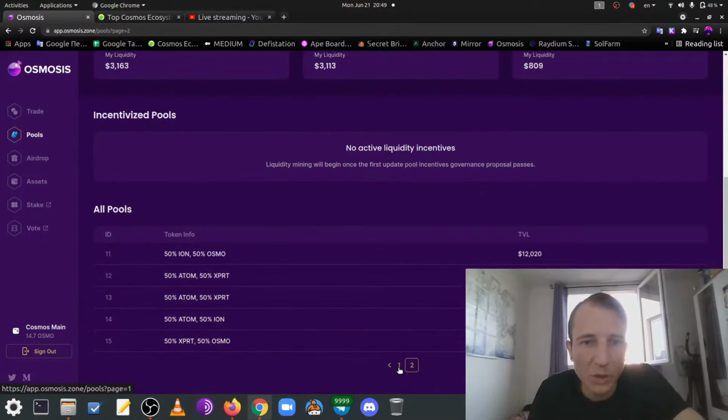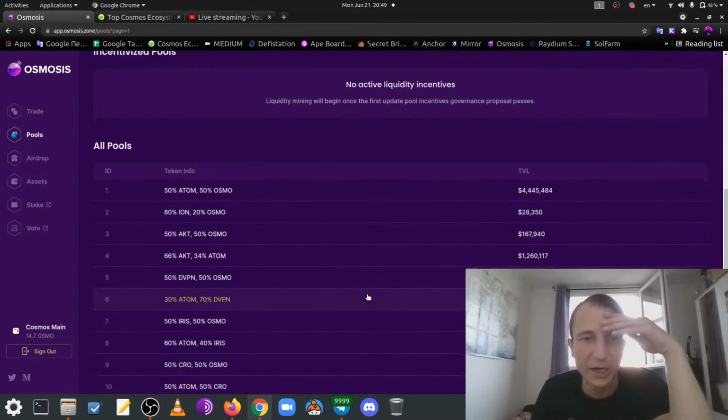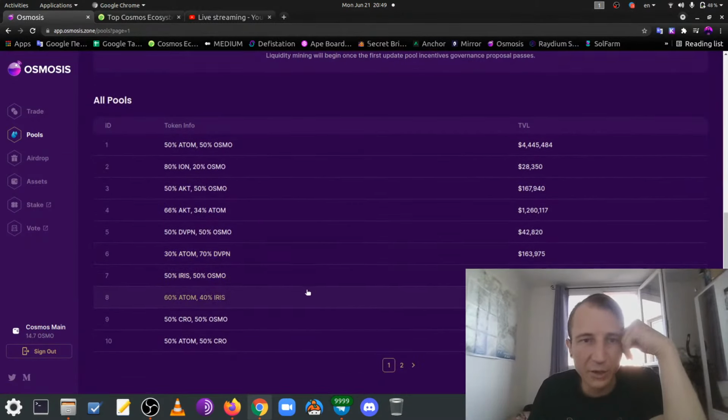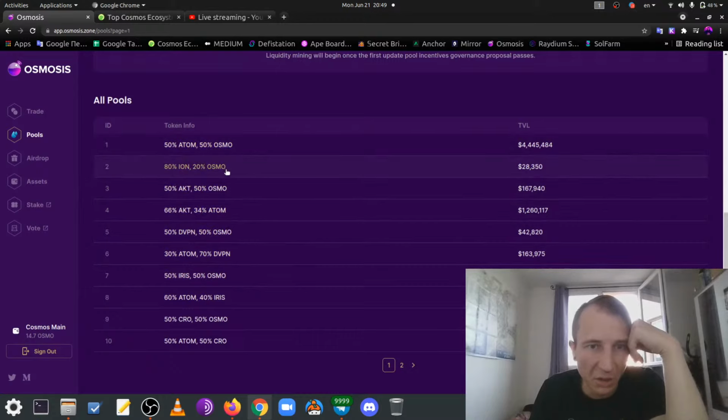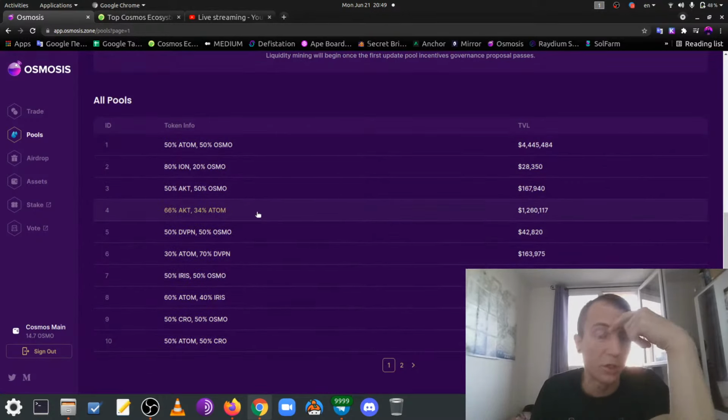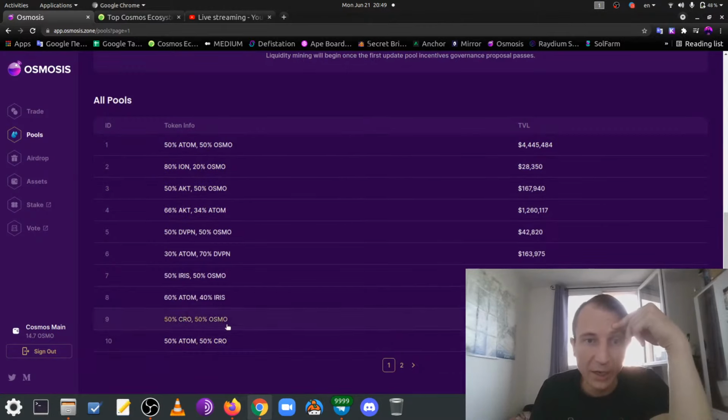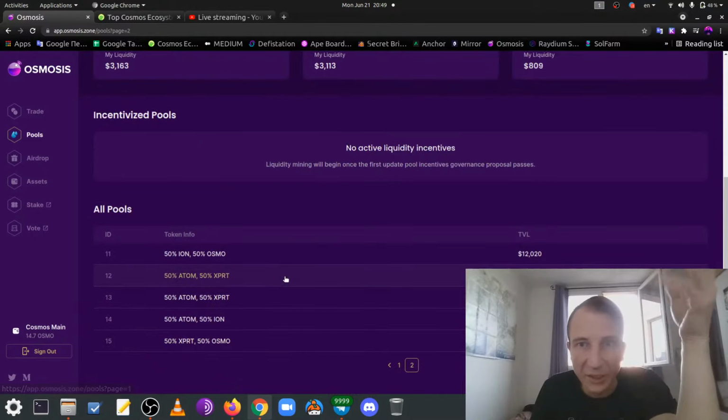For example, I want a pool with, I don't know, CRO and DVPN, but I look, no CRO DVPN. And for example, I want a pool with Ion and XPRT, but I see Ion Osmo and I don't see the XPRT.